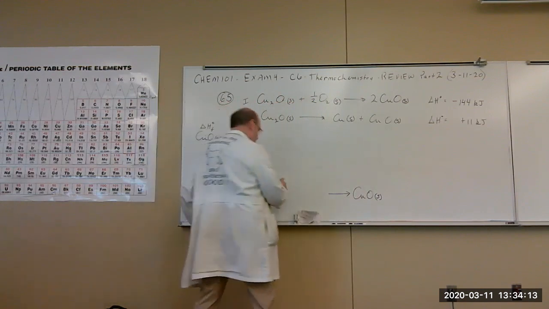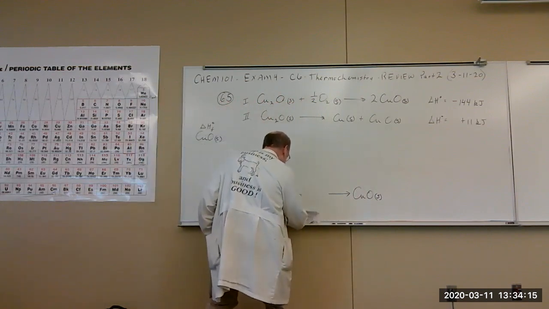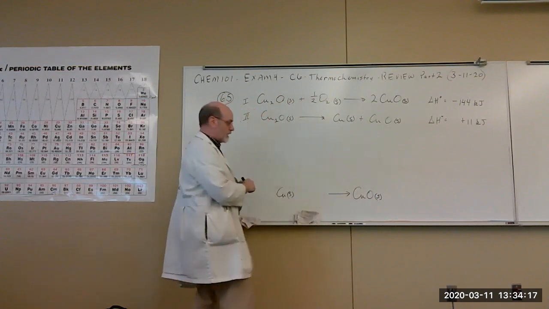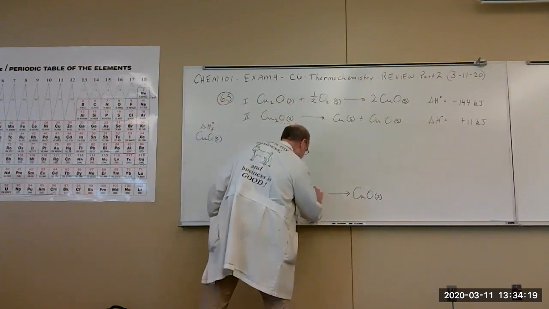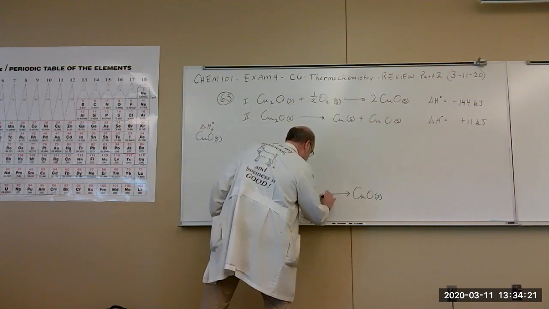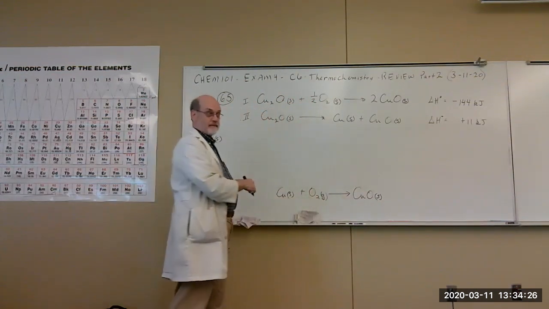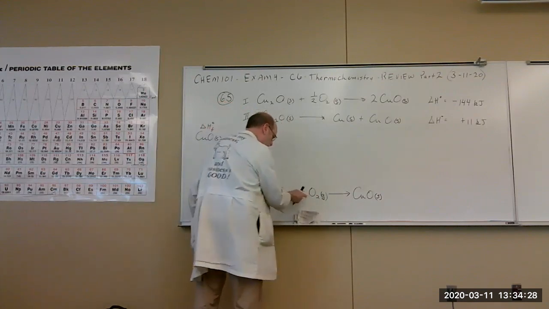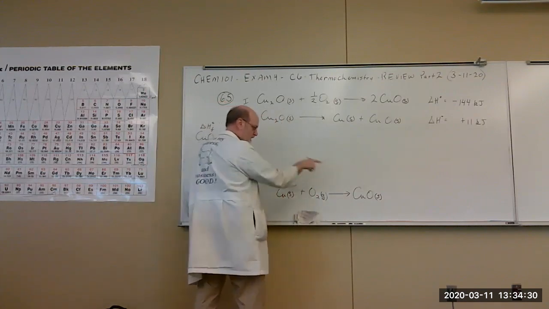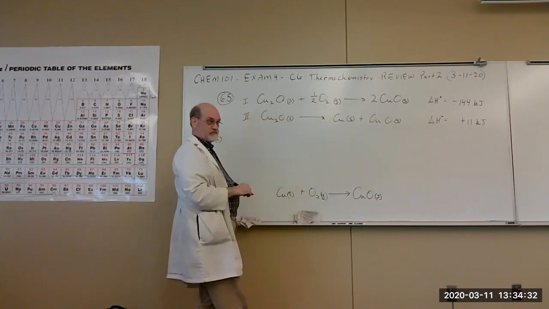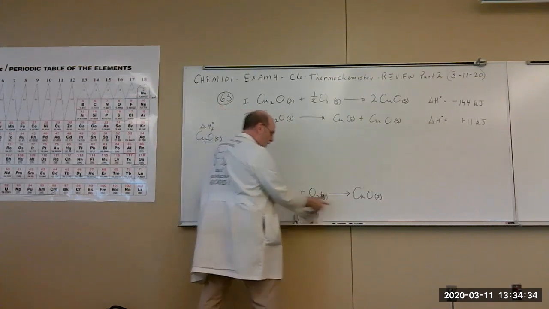Right? So you need copper in its standard state, and you need oxygen in its standard state, diatomic gas. Okay? Then you put in the coefficients to give you that 1 mole. Right? So we've got 1 copper here and 1 copper here.